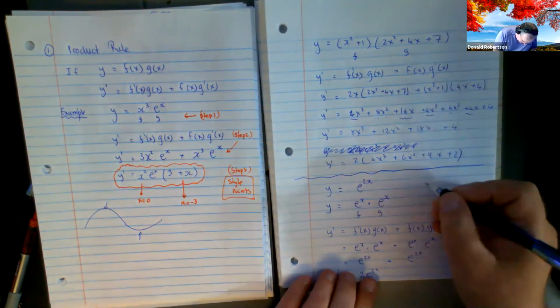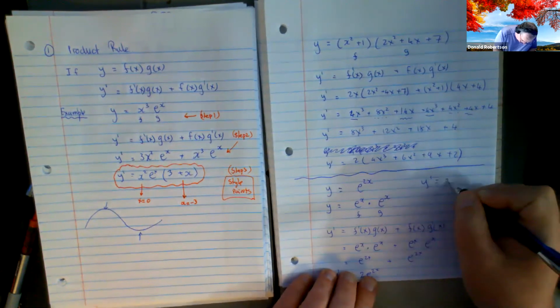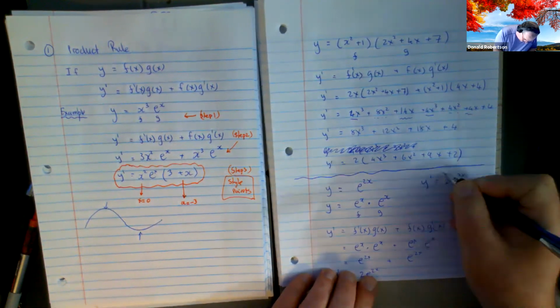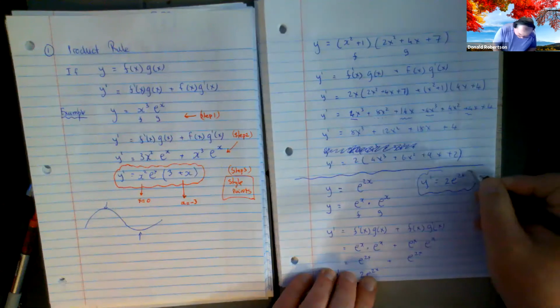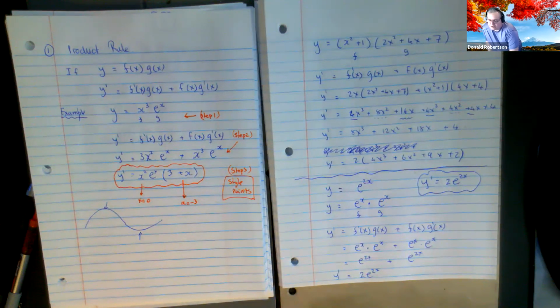So the derivative of e to the 2x is 2 times e to the 2x. What's your gut feeling for the derivative of e to the 10x?